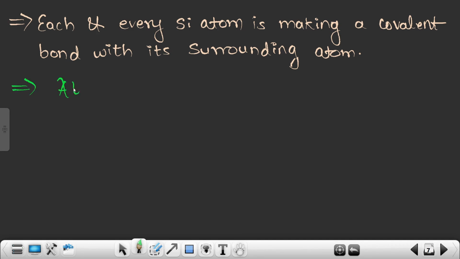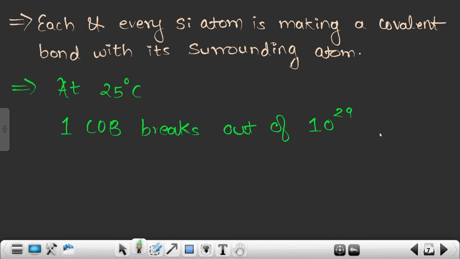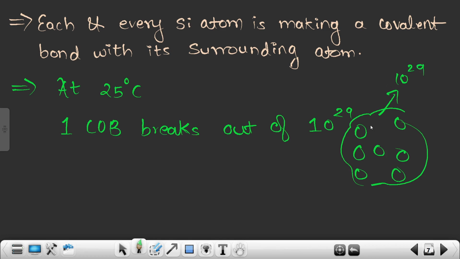At 25 degrees Celsius, only one covalent bond breaks out of 10 raised to 29 atoms. So you assume there are 10 raised to 29 such atoms, and out of these only one covalent bond is breaking. This is what this line is trying to tell us.